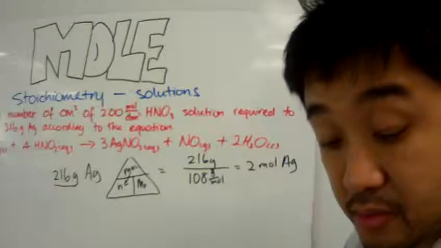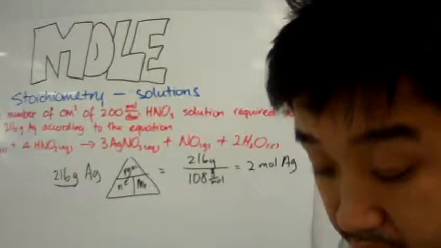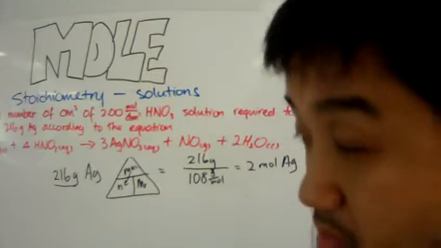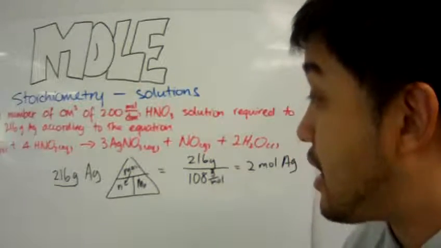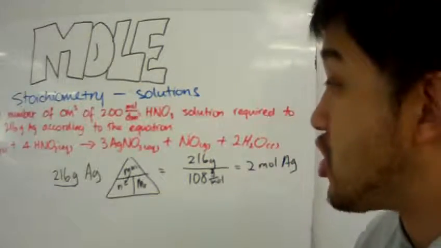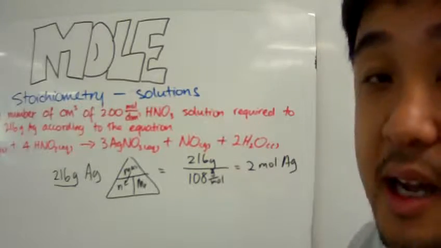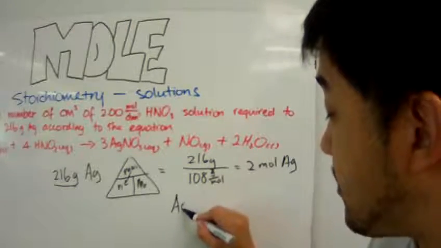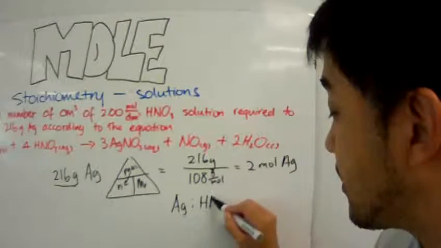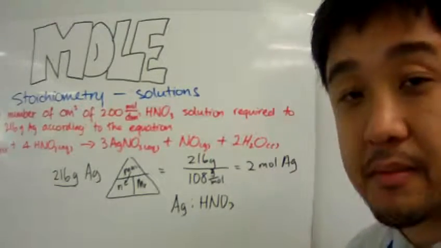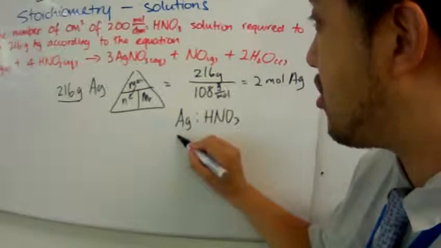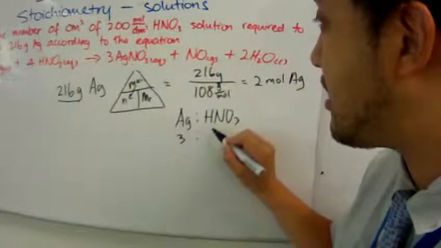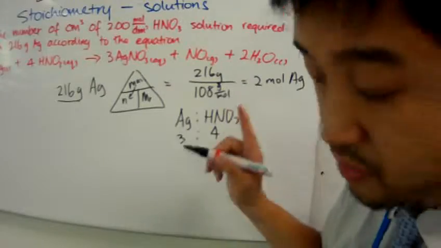Now that we have 2 moles of silver, can we determine the moles of nitric acid? Yes, we can, by looking at the ratio between silver and nitric acid. So from the balanced equation, we can determine that the mole ratio between silver and nitric acid is 3:4.